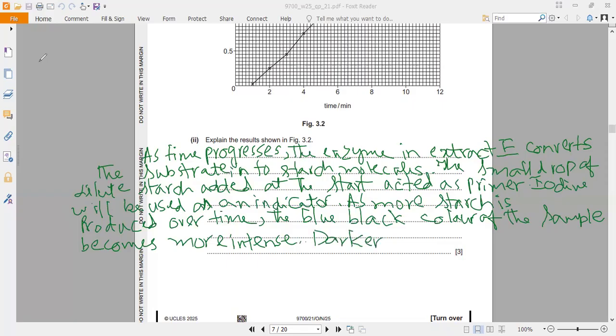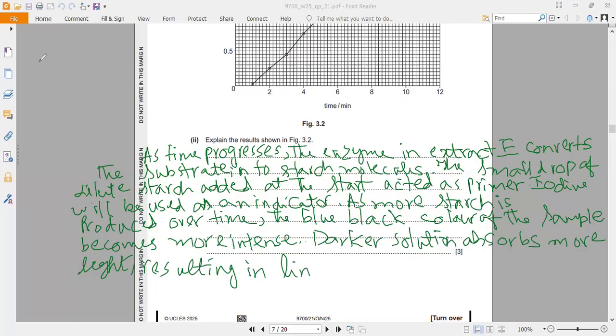Darker solution absorbs more light, resulting in a linear increase in absorbance.